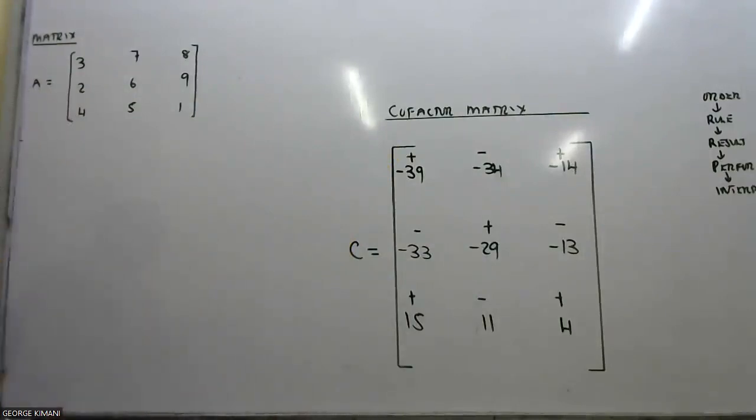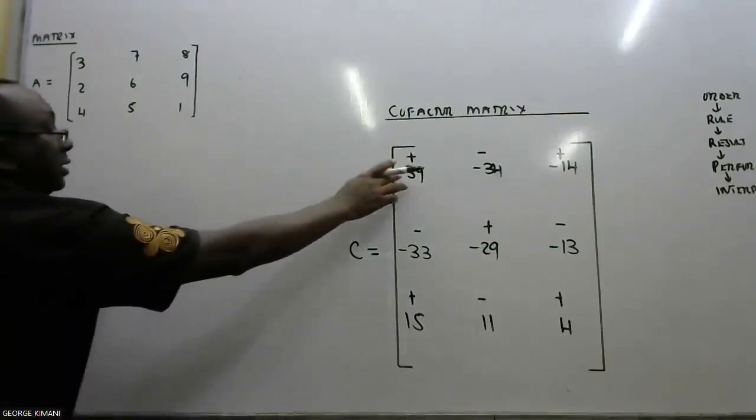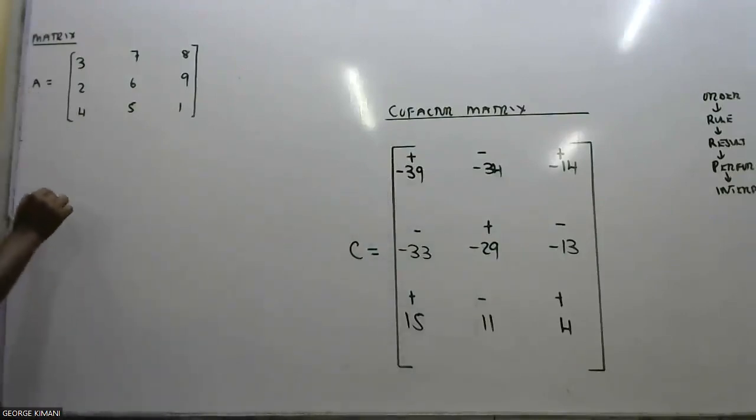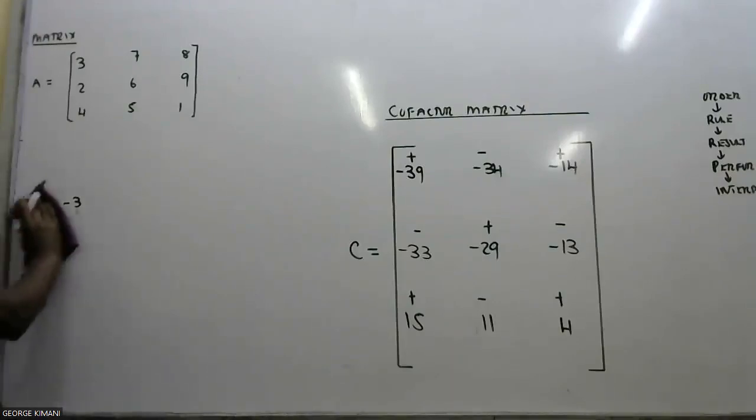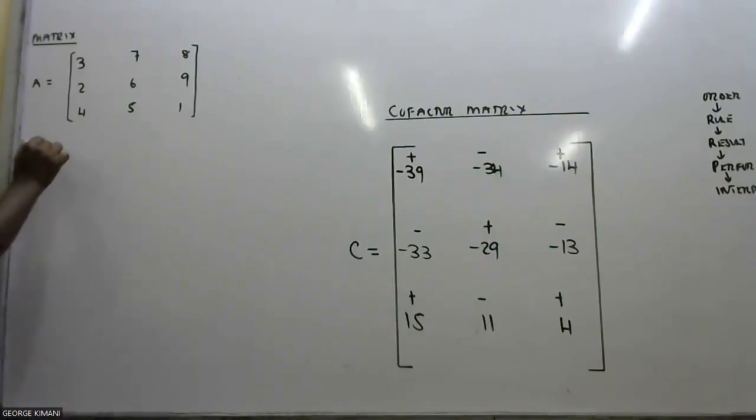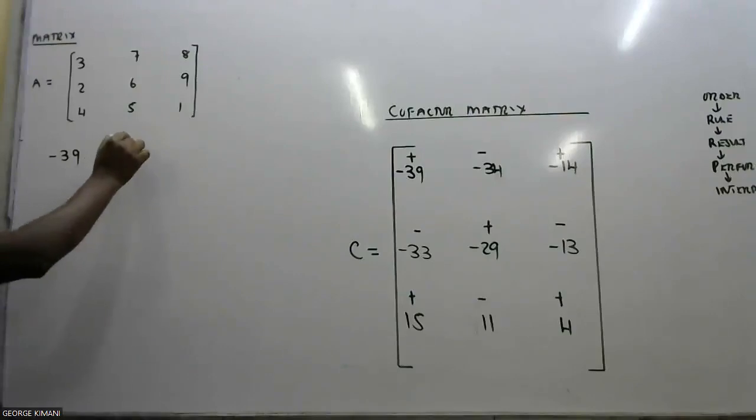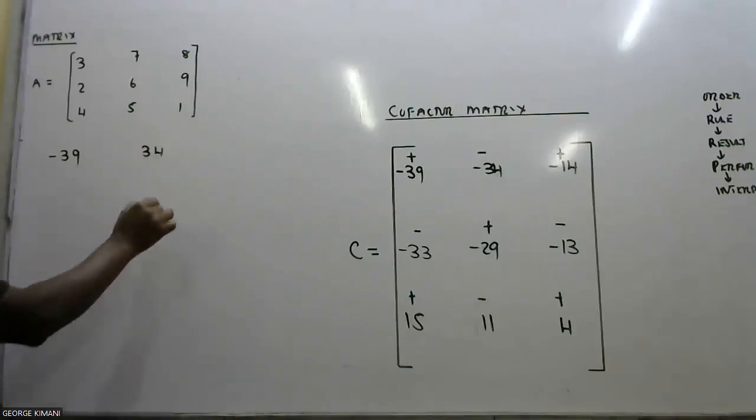When you multiply these two sides, your final answer for the cofactor, this times this, we are left with minus what? 39. That other one becomes positive 34.